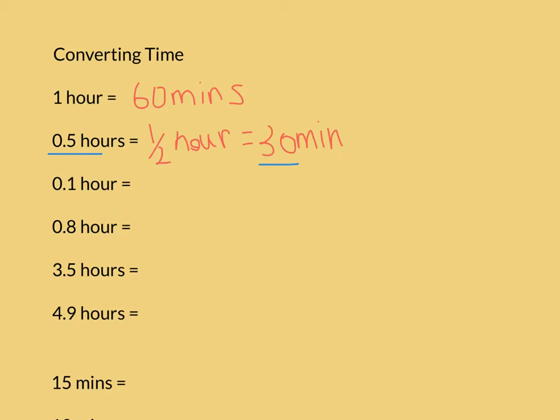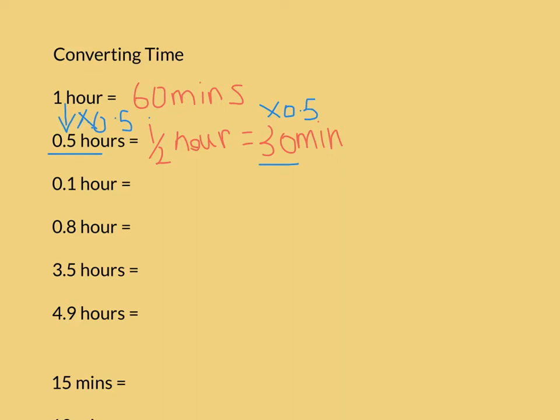Well, I've used this as a ratio again. I've said 1 hour is 60 minutes. And I've said to get from 1 to 0.5, what I've had to do there is times by 0.5. If I do 60 times 0.5, I get 30. So that's the method we're going to use to convert all these other times as well.